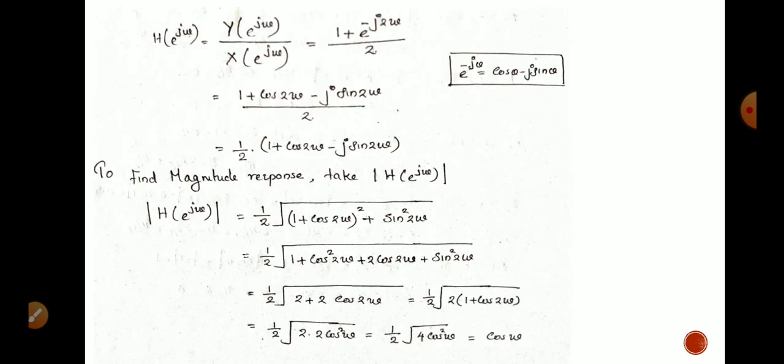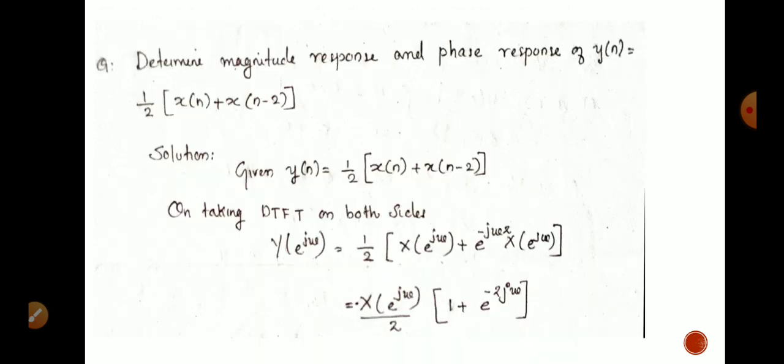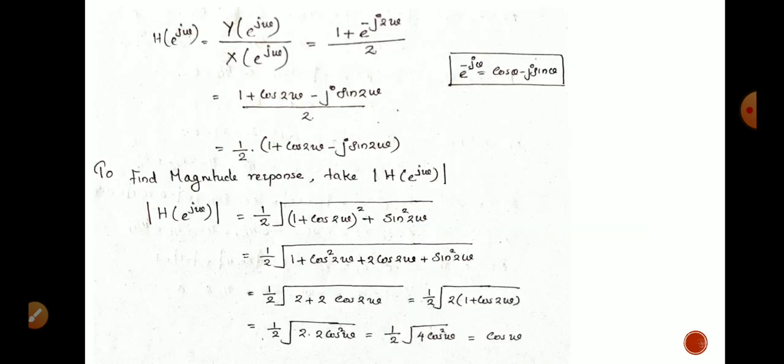Then the system transfer function H of e raised to j omega equal to Y of e raised to j omega by X of e raised to j omega. We can write this by taking X of e raised to j omega to the left side of the equation. Then we get 1 plus e raised to minus j 2 omega by 2.